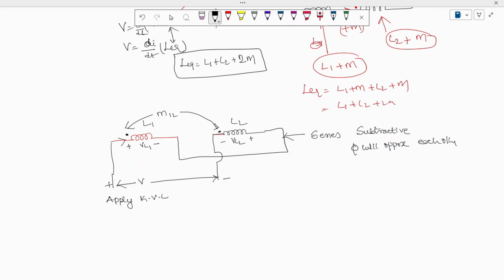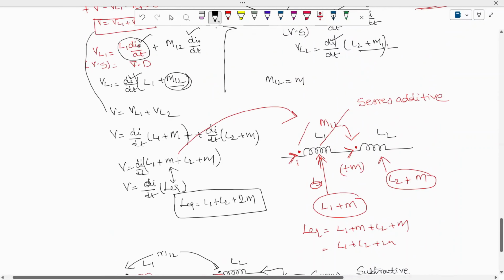Here the current is entering the dot, but here the current will flow like this and is leaving the dot. So due to this I can call this connection series subtractive.